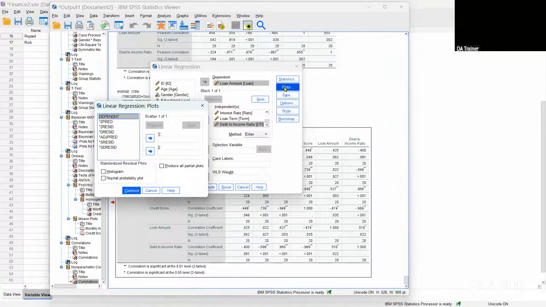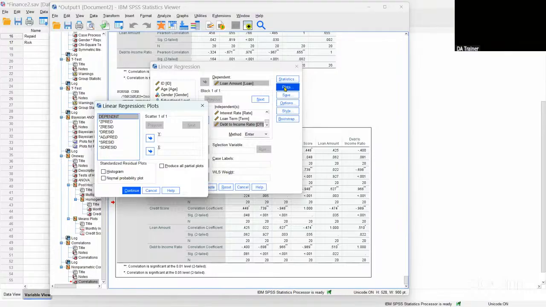Residual means errors, the error that may likely happen without us knowing. The residual is equal to actual minus predicted. So any error that could be found when we are doing this analysis, we want to harness them.